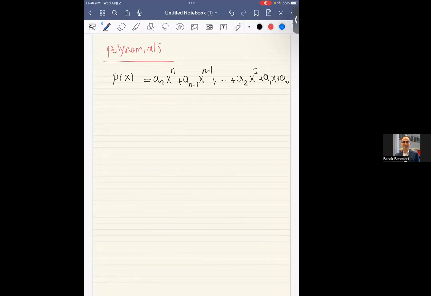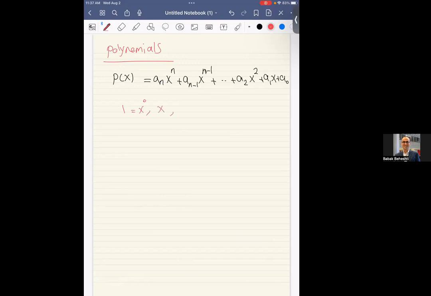So each polynomial consists of different powers of x and a combination of them. So here are the different powers of x, like 1, which is x to the power 0, right?